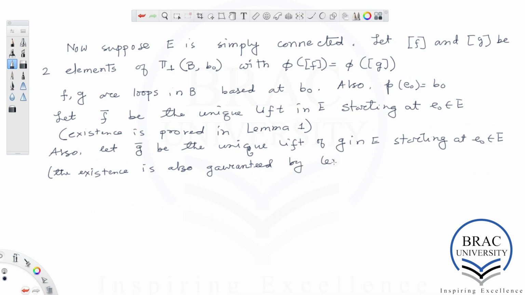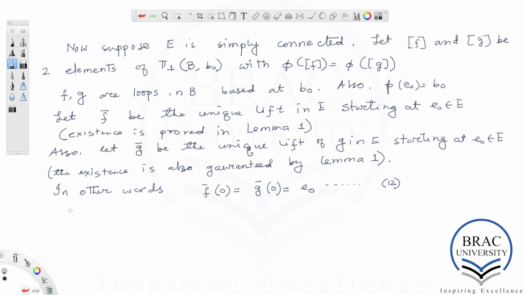Okay, in other words, both F bar of 0 and G bar of 0 are the same and are equal to E0. Okay, this is our equation number 12.